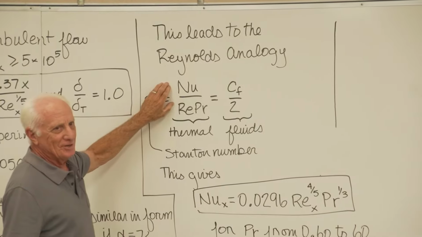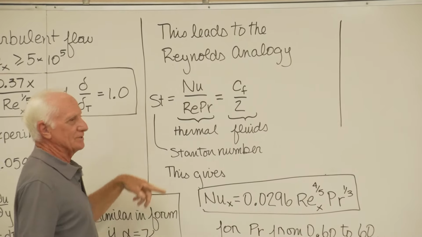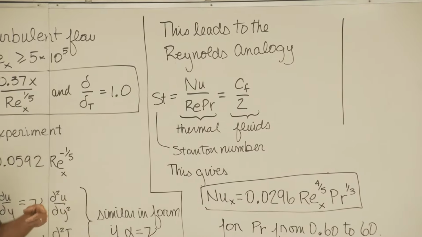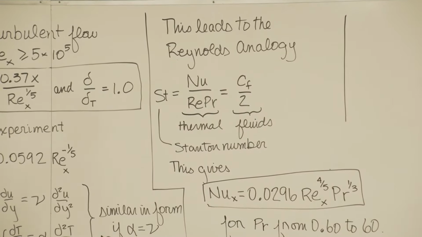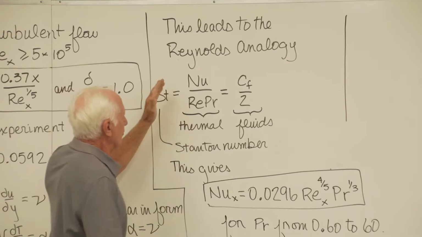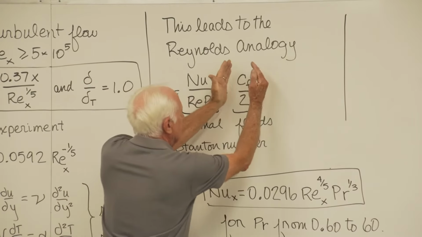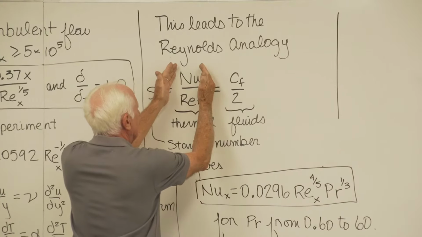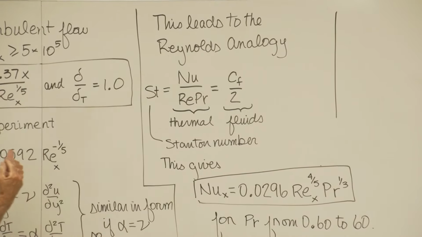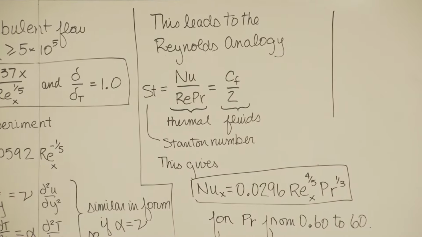They define a new dimensionless parameter. It's called the Stanton number, as I told you. There's a ton of dimensionless parameters in fluids and heat transfer. So this is called the Reynolds analogy. Take the results from experiment for friction and equate that to something to do with convection heat transfer, h.